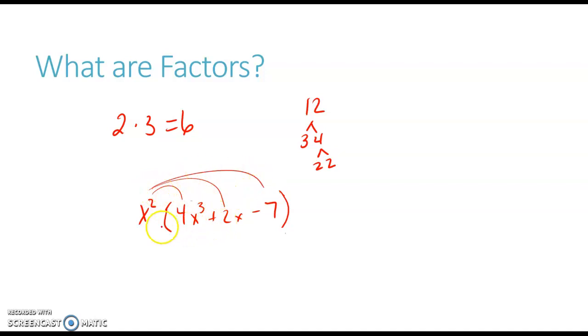So when we talk about factoring, these are my two factors: x squared and 4x cubed plus 2x minus 7. Those are my two factors, and then the answer we get is called the product.